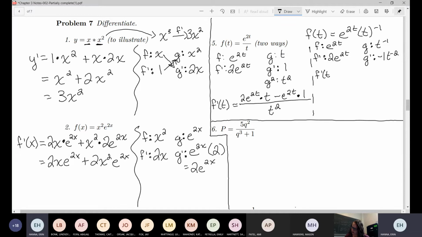So then our derivative f prime times g plus f times, oh no, let me get rid of that negative 1 then and just write negative t to the negative second. Ooh, that's squished. Let me try to rewrite that over a little bit.